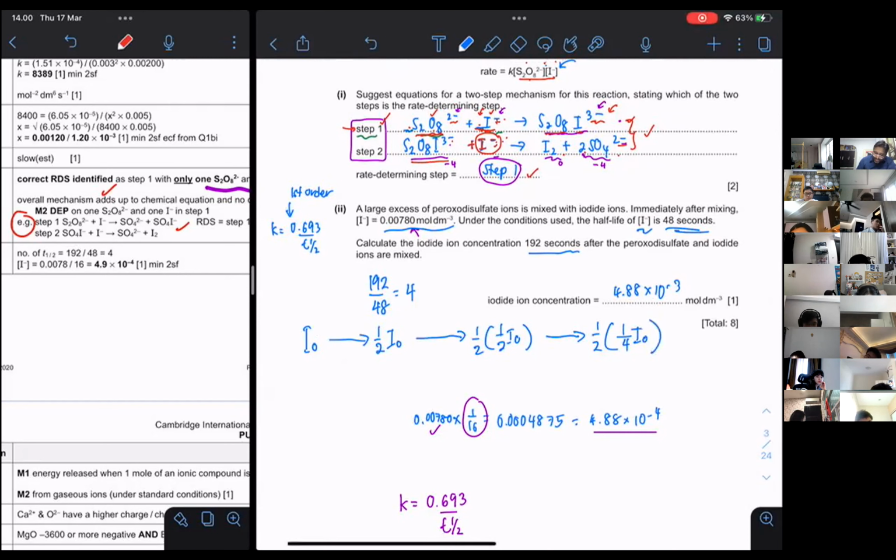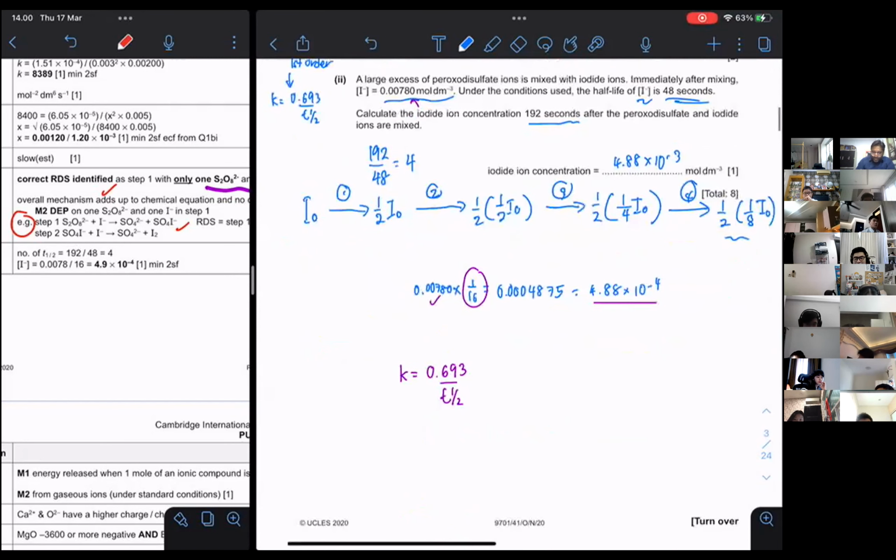Then after that, the fourth is going to be half of 1 over 4, which is 1 over 8, of this. In total, after the first, second, third, and fourth, we are looking at 1 over 16 of the initial concentration. So therefore, I use that value and calculate, and I will get this particular value, which I put as my answer.